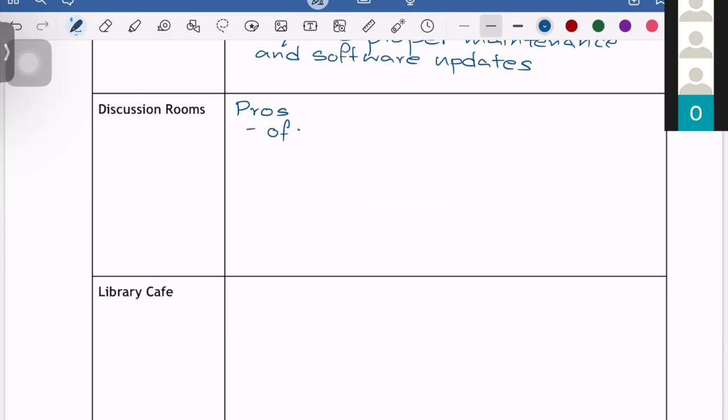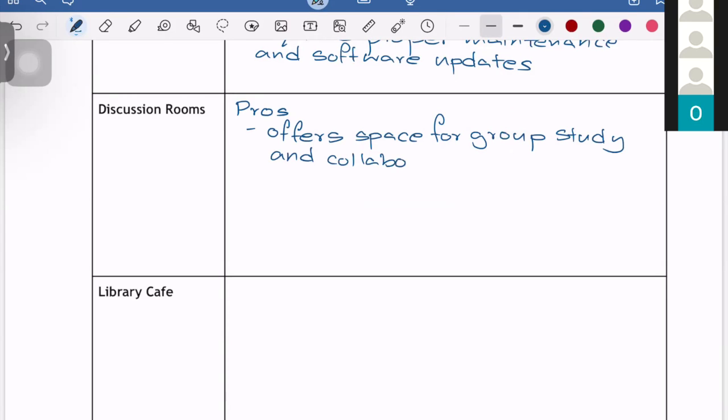Pros, it offers a space. However, some cons for this is that you will need an effective booking system.